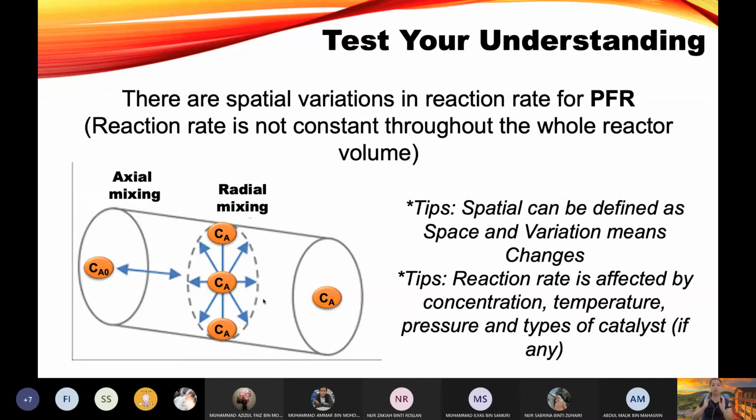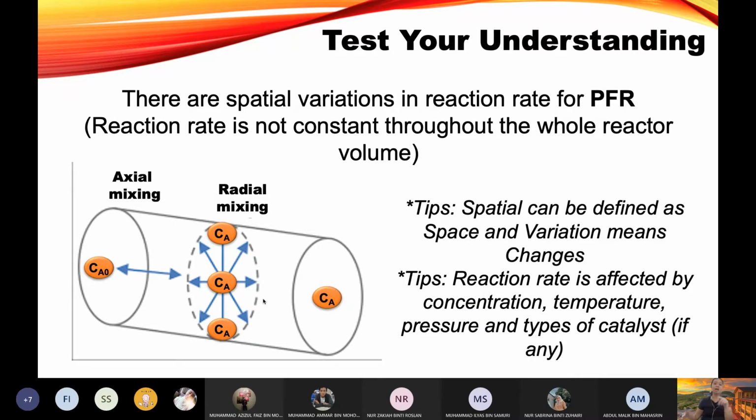So of course concentration dah tak sama. When concentration is no longer the same, the rate of reaction pun definitely no longer the same. Means rate of reaction at the beginning of the reactor, at the middle, at the end, is no longer the same. So we can say there is a spatial variation in the reaction rate.